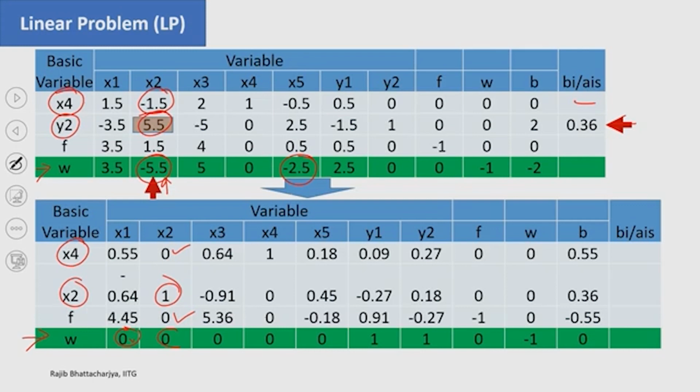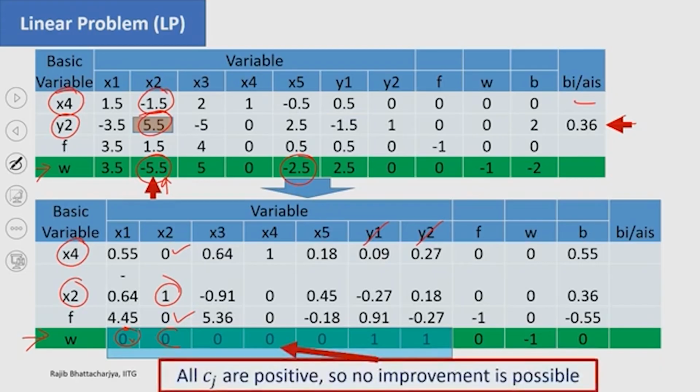I can remove this particular row along with the variables y 1 and y 2. All C j are positive, so no improvement is possible.